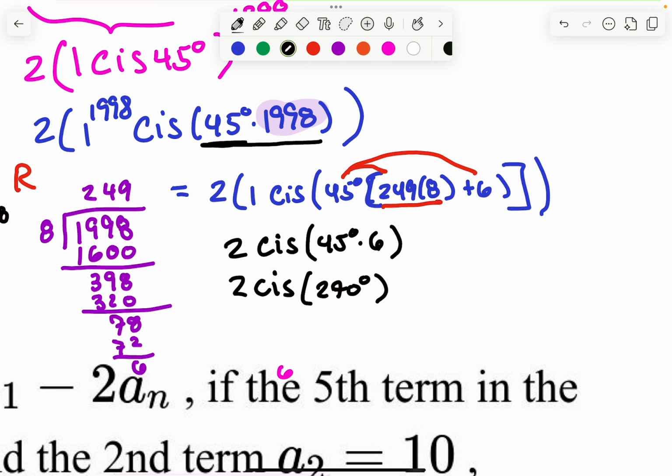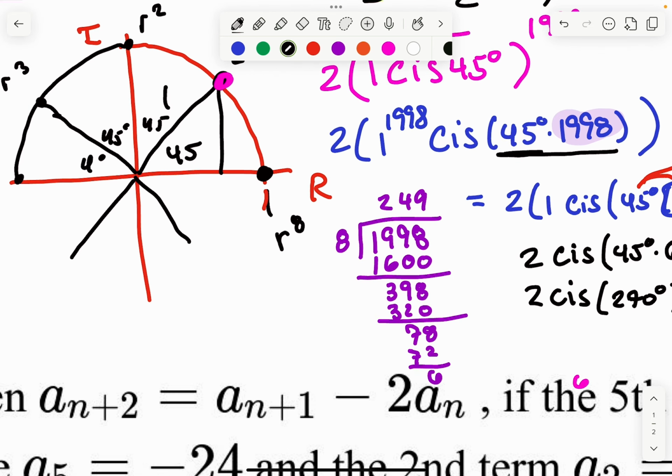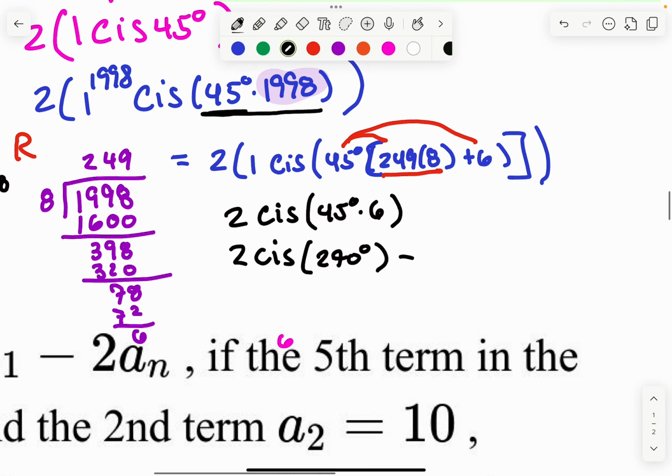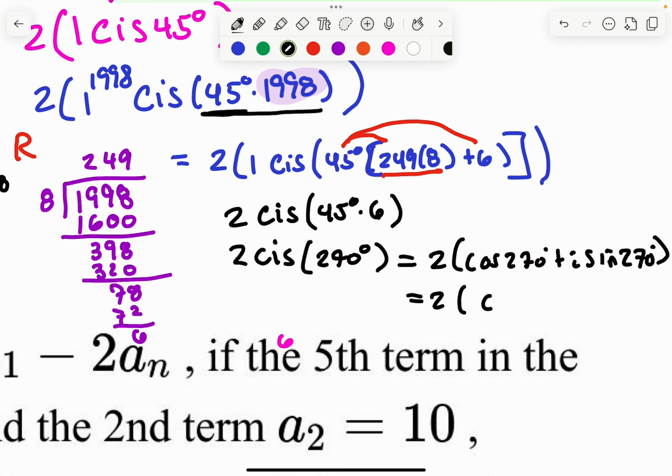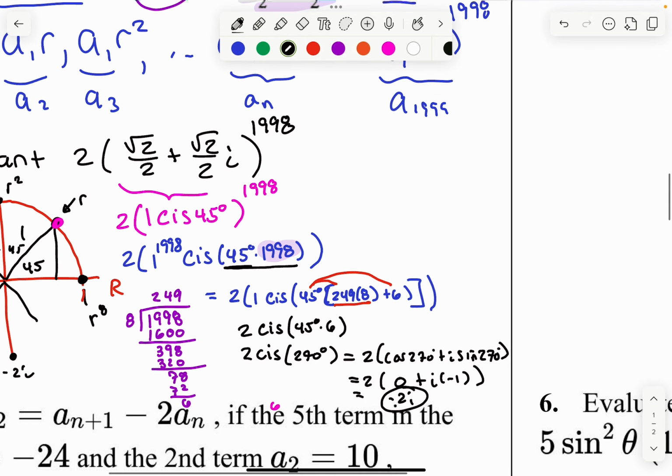You can either go to your diagram, rotate 270, walk out 2, and it's here at negative 2i. Or if you want to expand this, you can also do 2 times cosine of 270 plus i sine 270, which gives you 2 times 0 plus i times negative 1, which gives you negative 2i. So the answer is negative 2i.